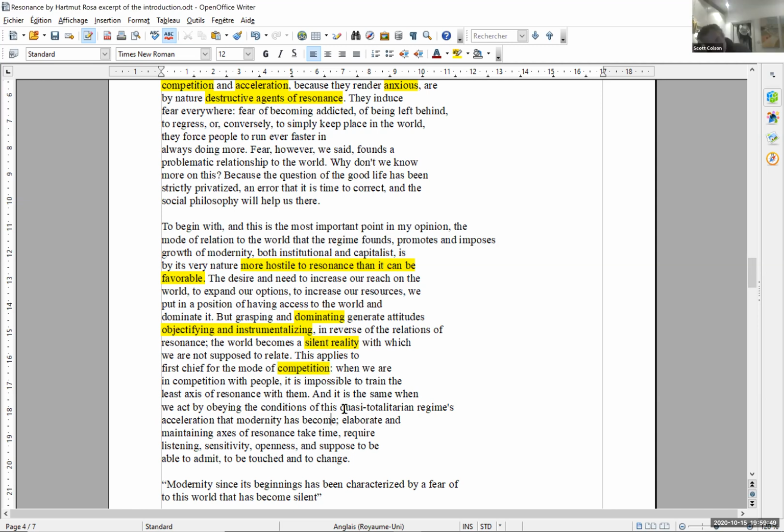So we could name as well as a component of the enemy regime, quasi-totalitarian.